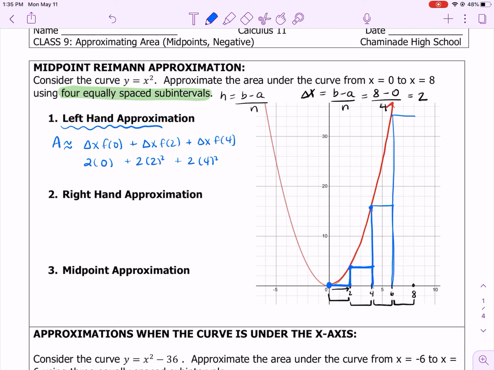Again, we're going to have plus delta x times f of 6 using the left endpoint. So that's 2 times 6 squared. So we're just going to evaluate each of these. We have 0 plus 8 plus 32 plus 72.